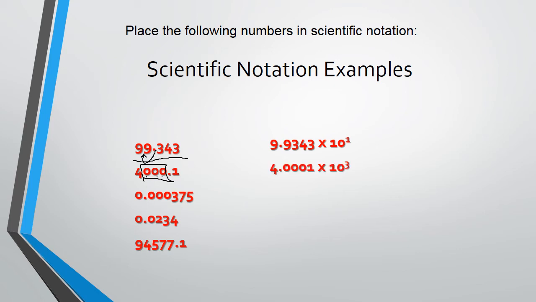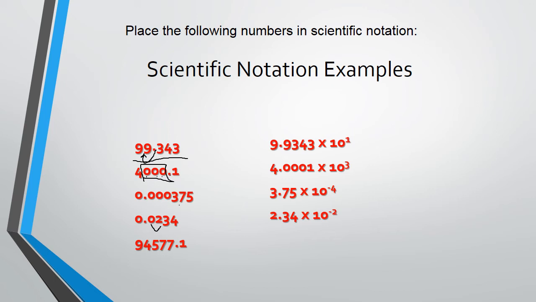Here now, we're moving the decimal to the right side, so 1, 2, 3, 4. So therefore, in this case, it will be 3.75 times 10 to the minus 4.